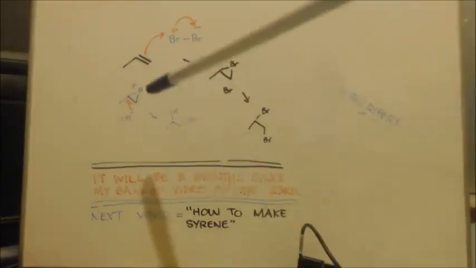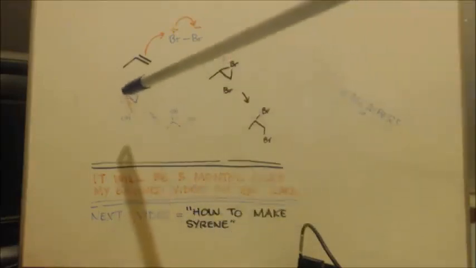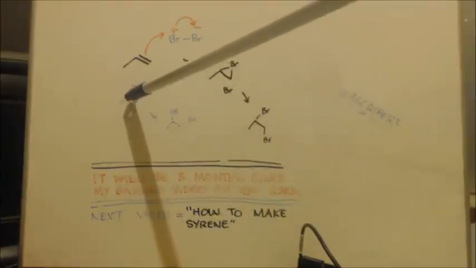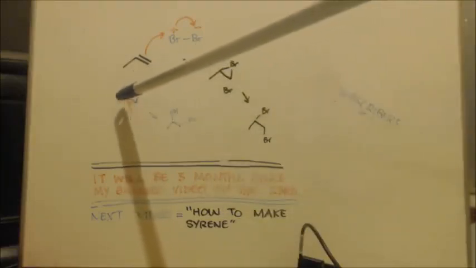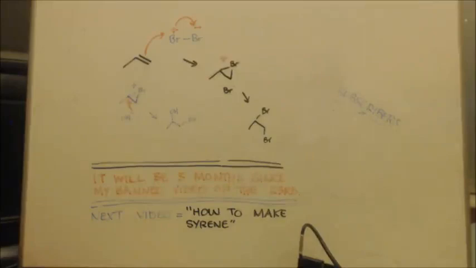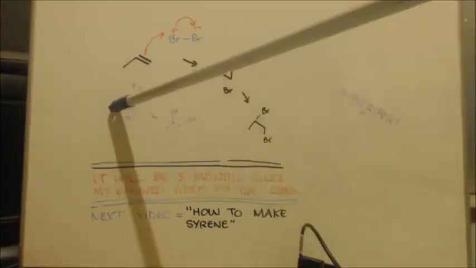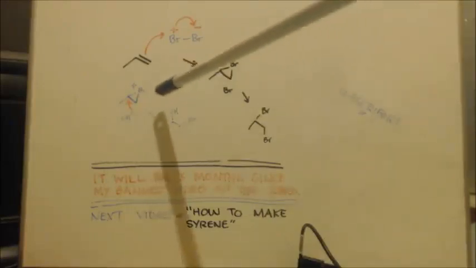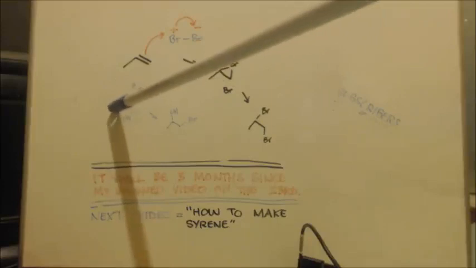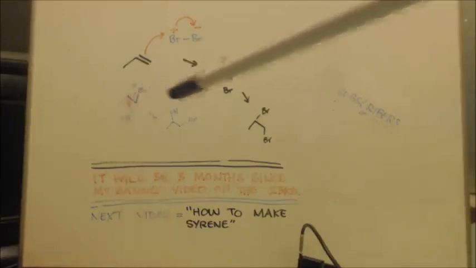stabilized? Like, if you have your positivity at the end here, you have no inductance except from this one carbon. But if you put the positivity on the middle carbon, you have inductance from this carbon and this carbon, right? And not only that, maybe hyperconjugation from the hydrogens on the end carbons.